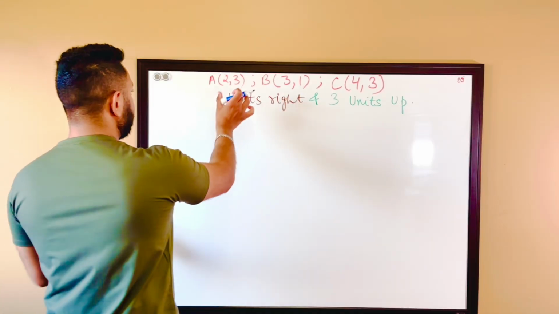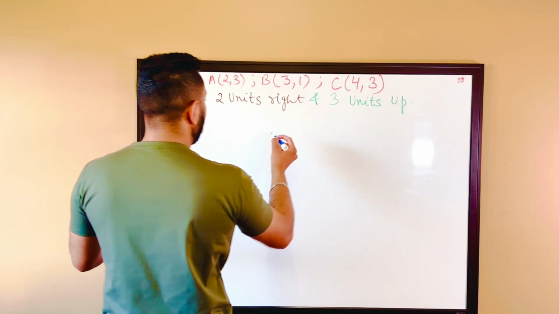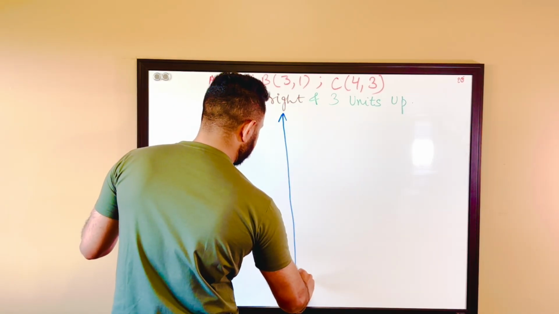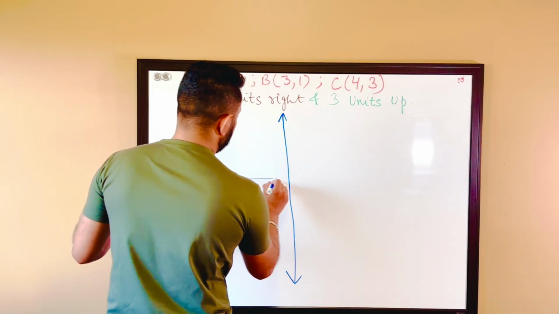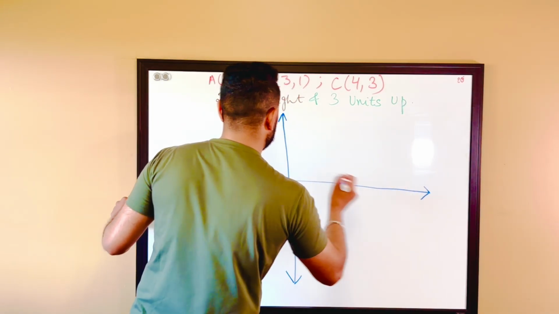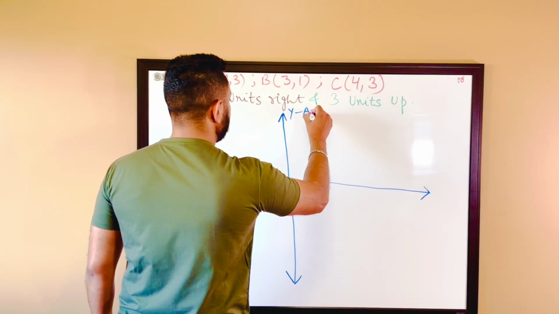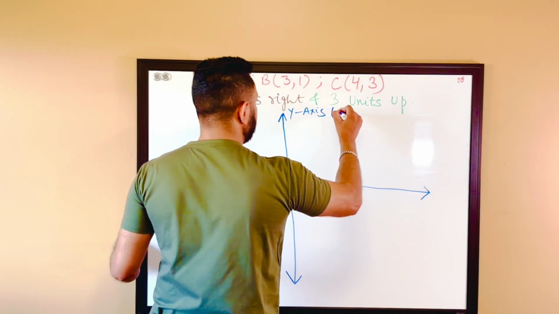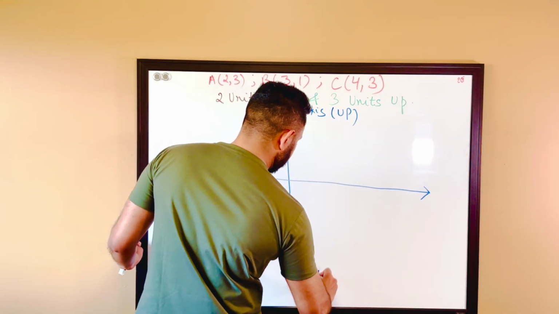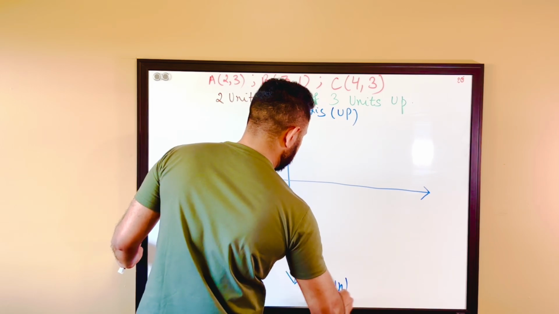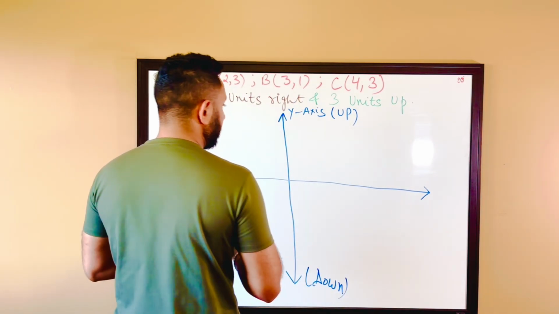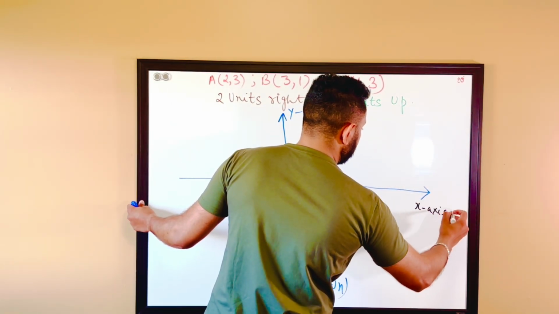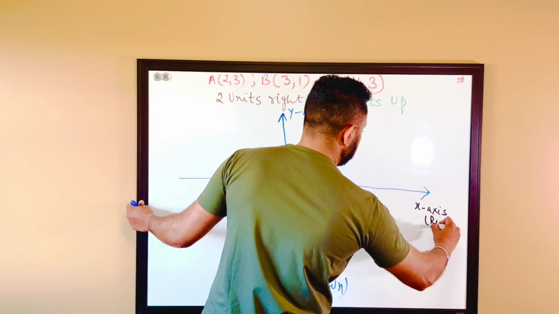So first of all, locate these points on a graph. This is the y-axis and this is x. The y-axis works vertically, like up and down, and the x-axis works horizontally, like to the right and to the left.